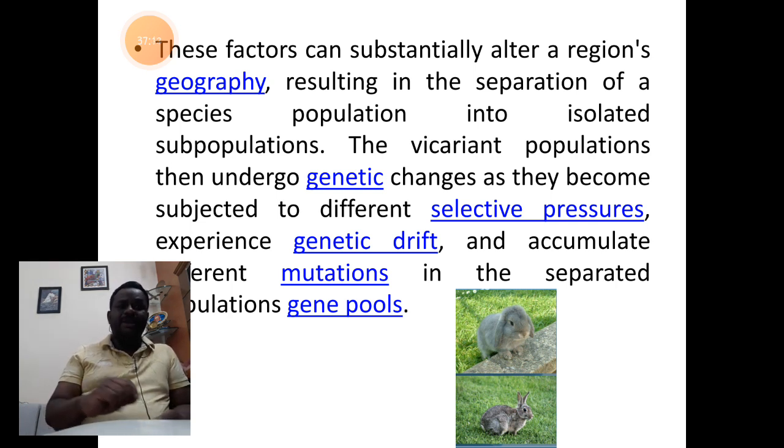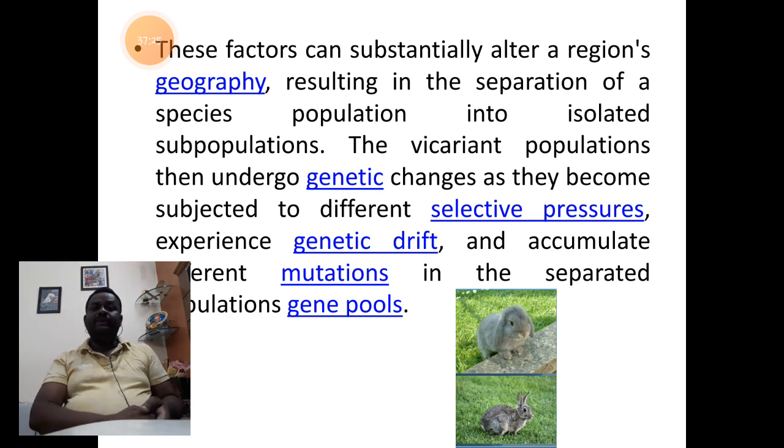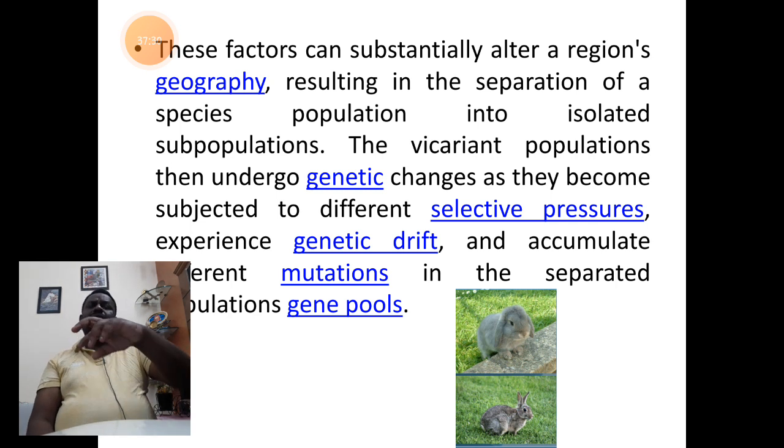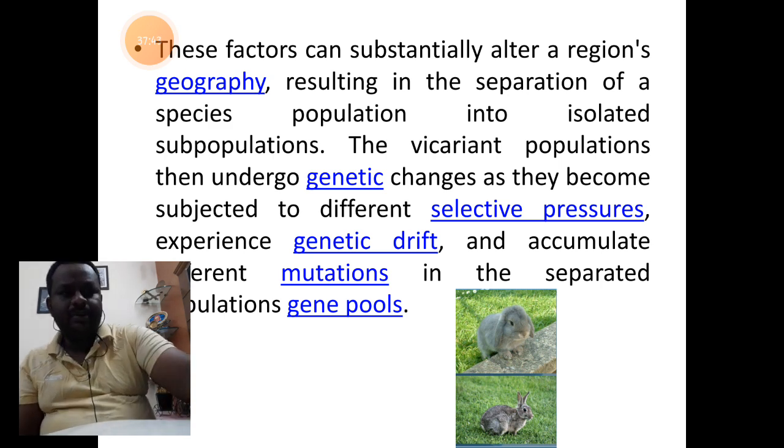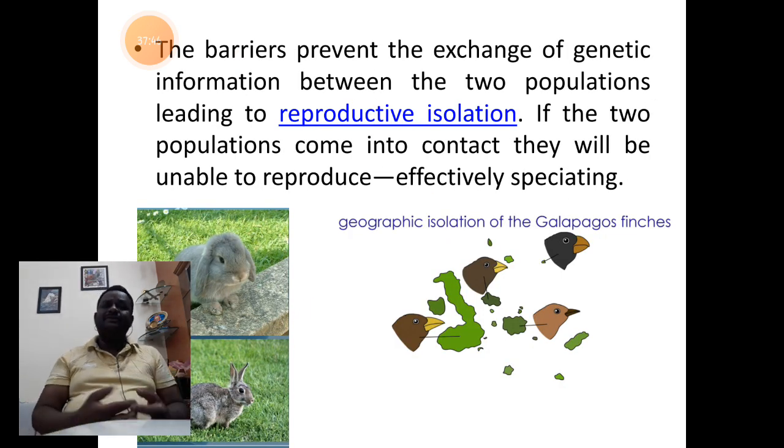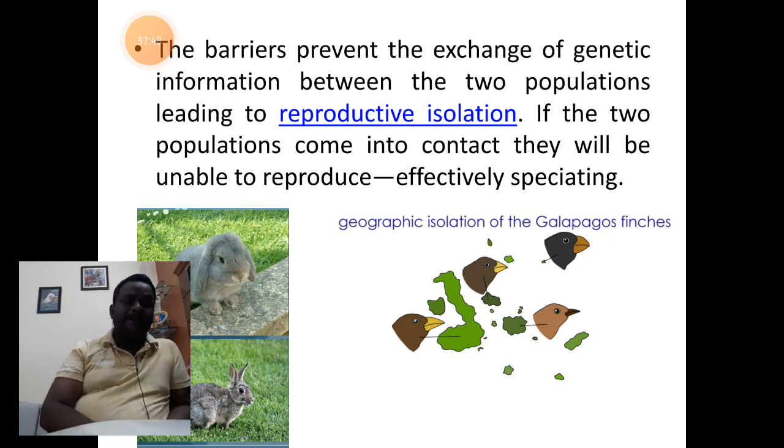And these changes may be like selective pressures of genetic drift, mutations, etc. So the genetic changes in the organisms are mainly due to the newer environment to which the organisms are exposed, to make themselves fit to the changed environment.